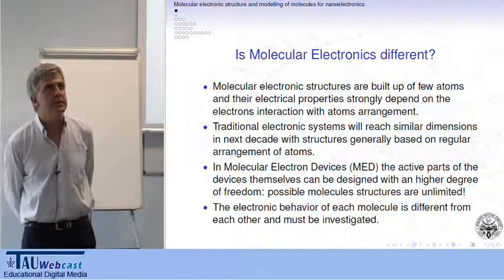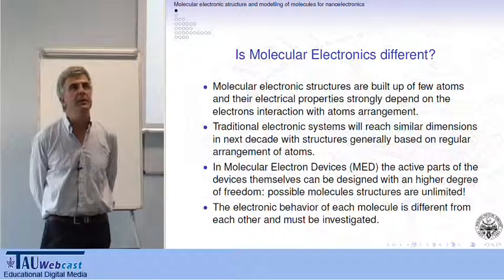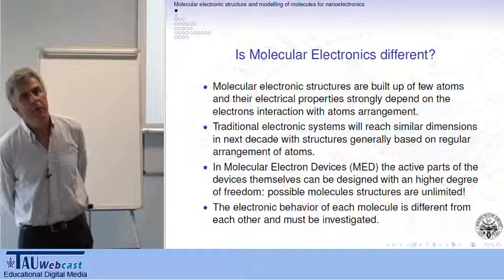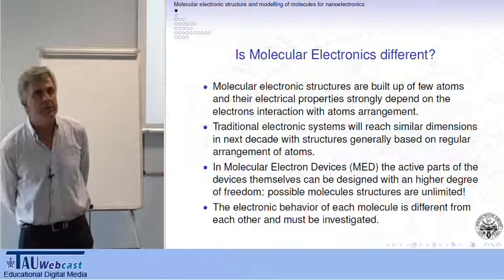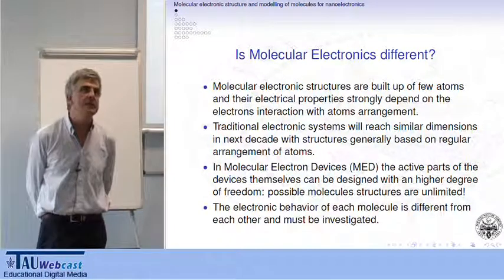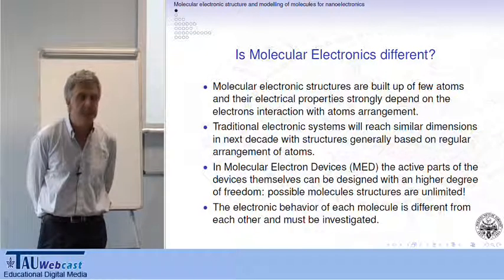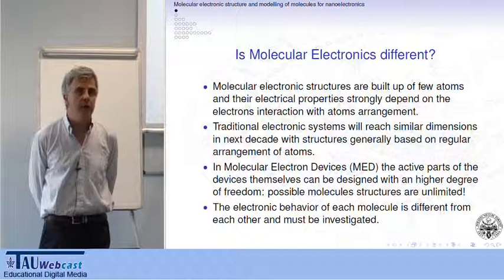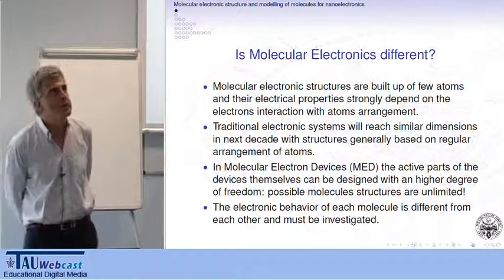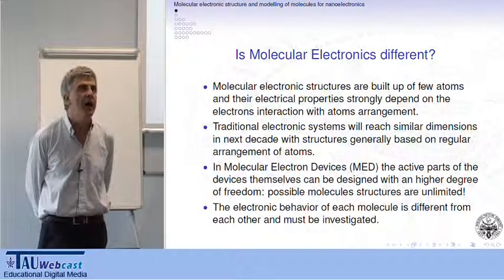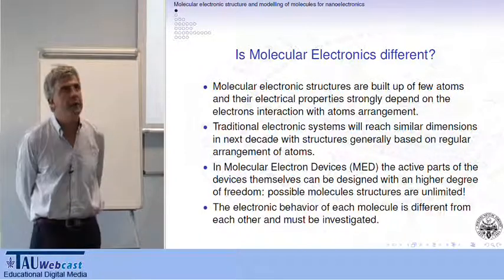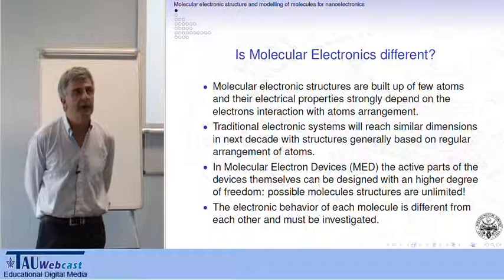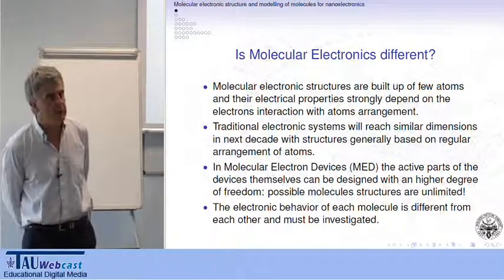In molecules, the problem is completely different, because as we know, the properties of molecules depend on the internal structure, and the internal structure is defined in a more free way. So we have to study in detail how atoms are organized and how the molecular orbitals are inside the molecules.